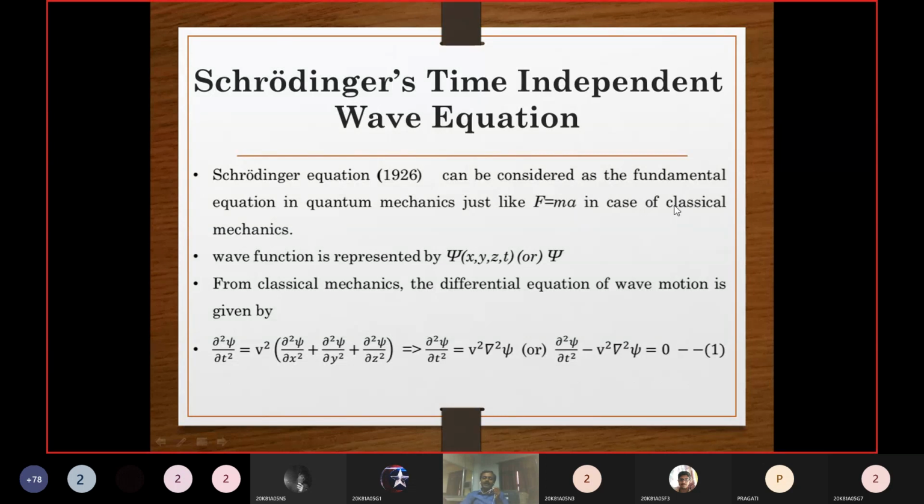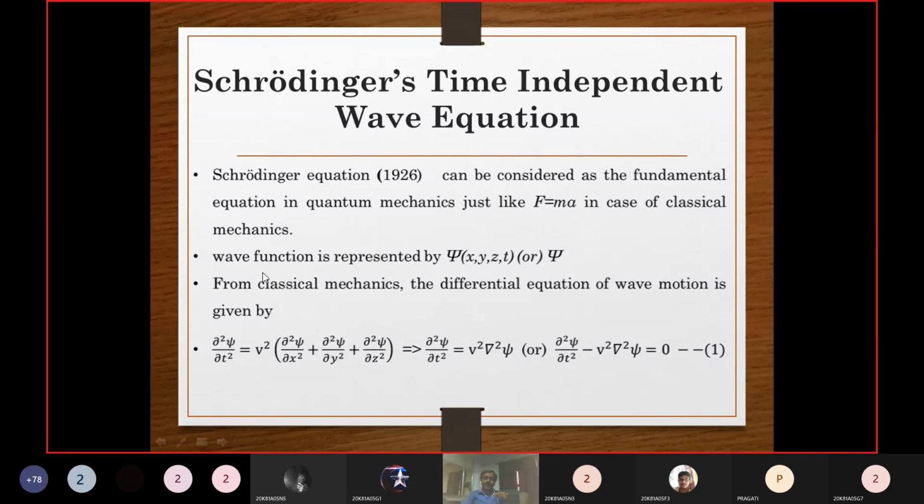Similarly, the Schrödinger equation takes the same role in quantum mechanics. That means the Schrödinger equation is like Newton's law in classical mechanics.